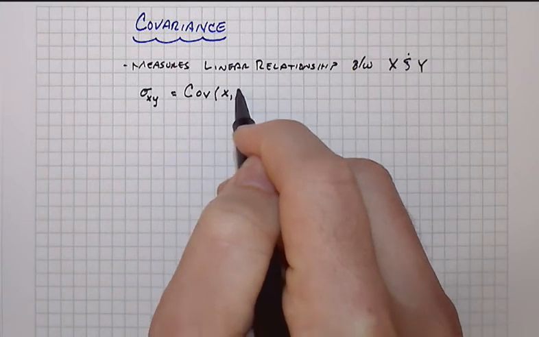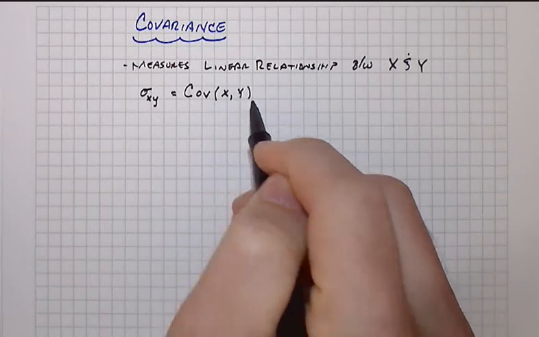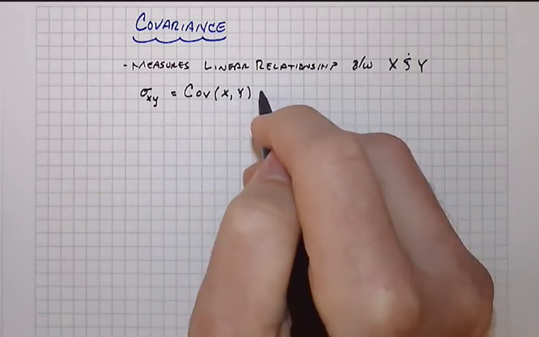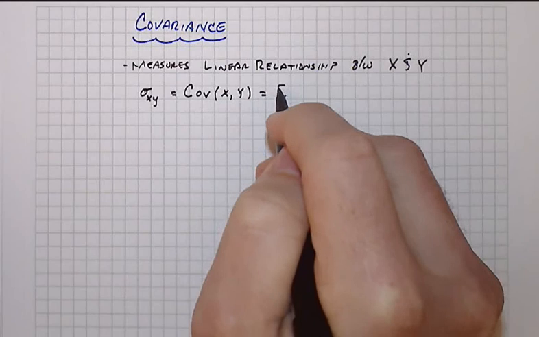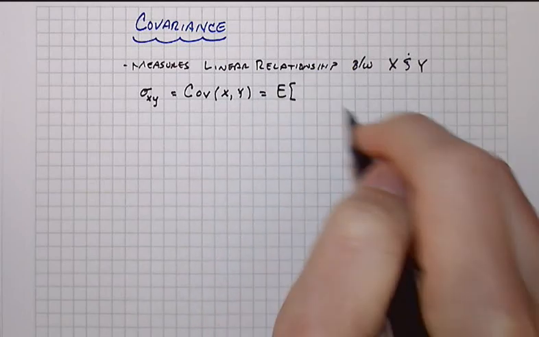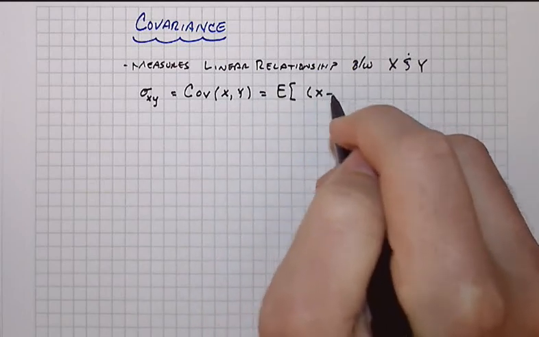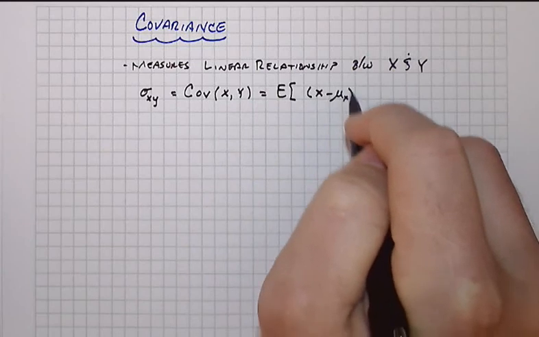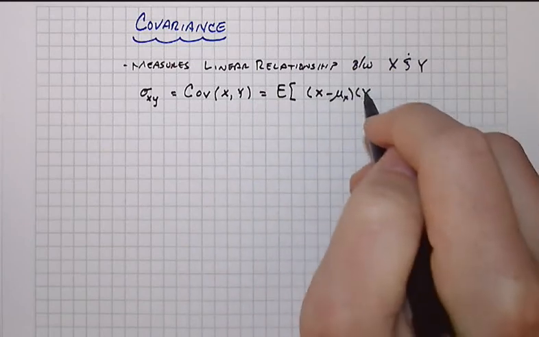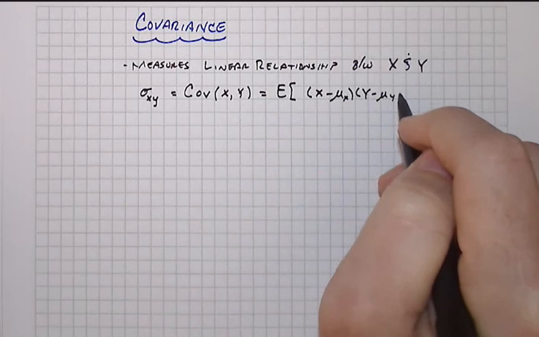Right, so we're looking at the covariance between two random variables, x and y, and that's going to be defined as the expected value of x away from its own mean and y away from its mean value.